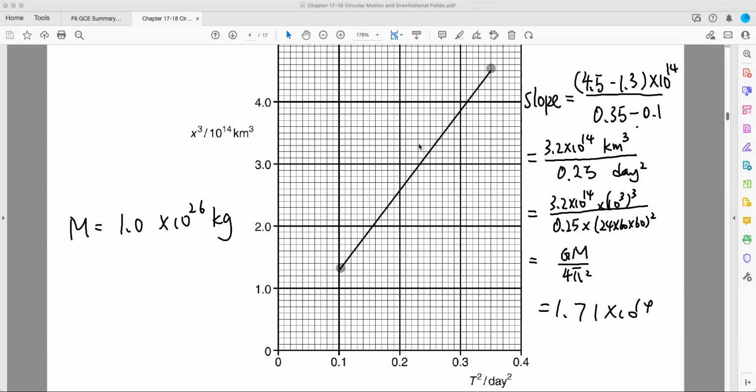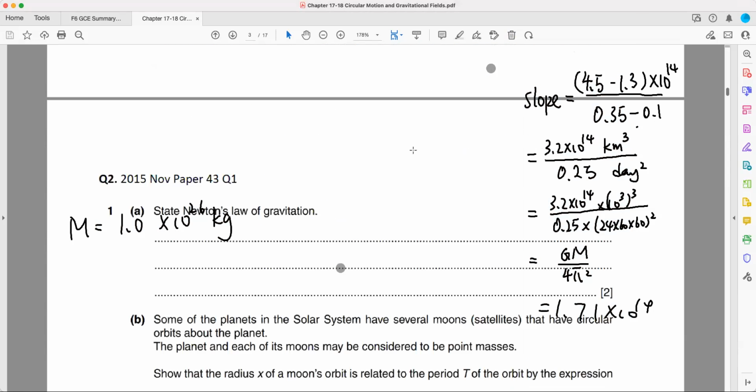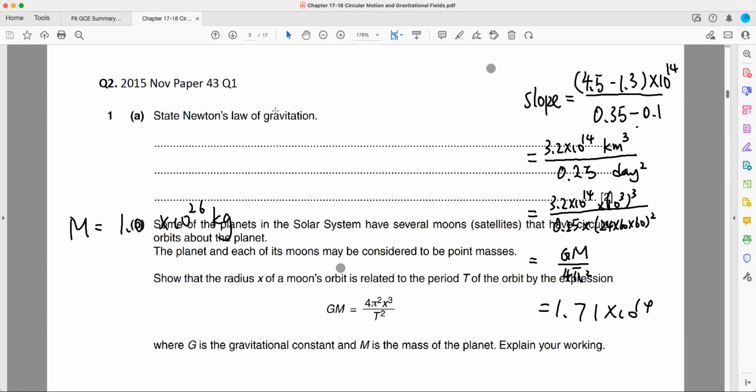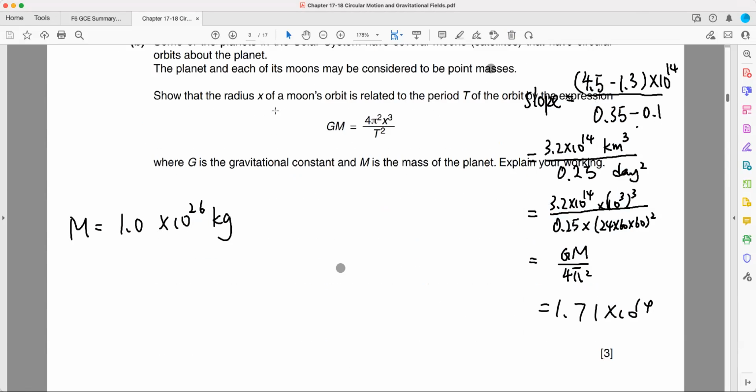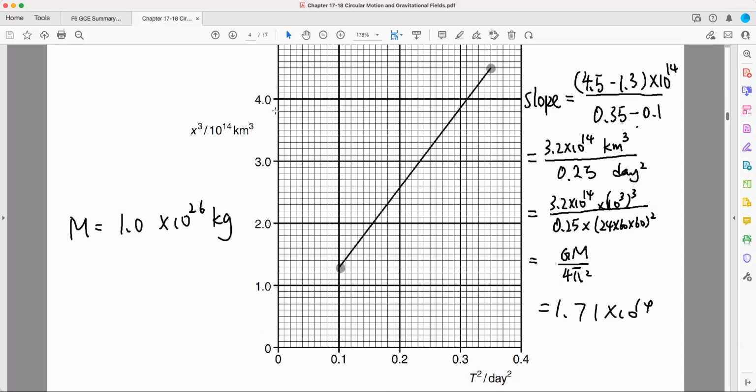For this question, 2 marks for memorization, 3 marks for you to derive the formula you have learned already, and 4 marks is just using that formula to derive the mass. There's nothing else for this question. 9 marks already, 9% of your paper 4. I don't know how I got the gradient to be 6.8.